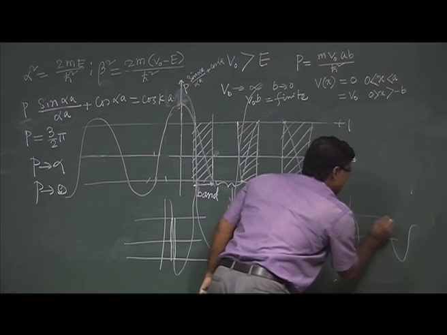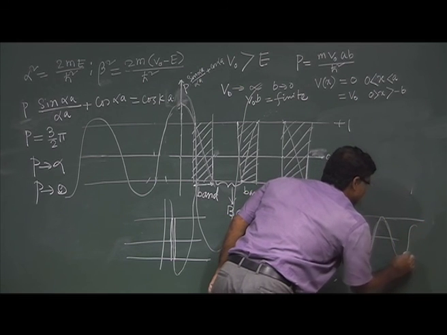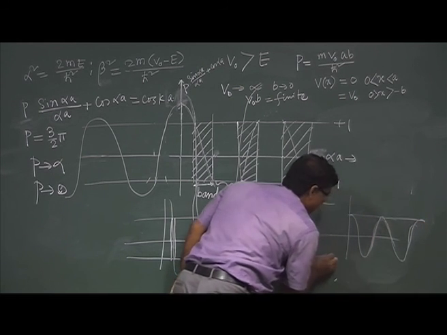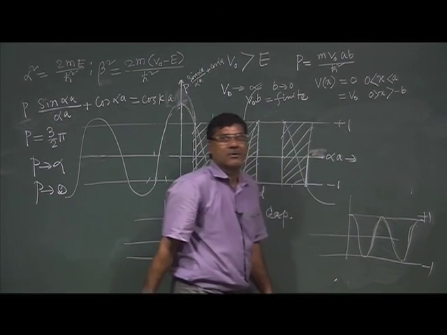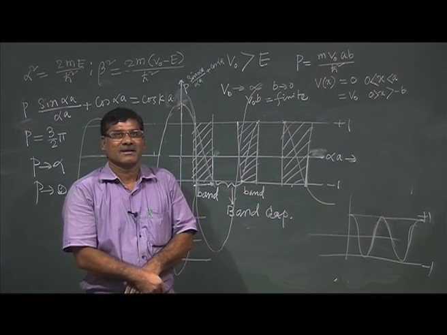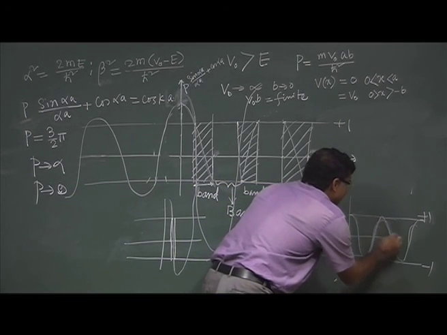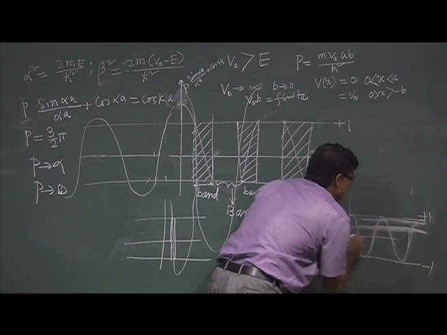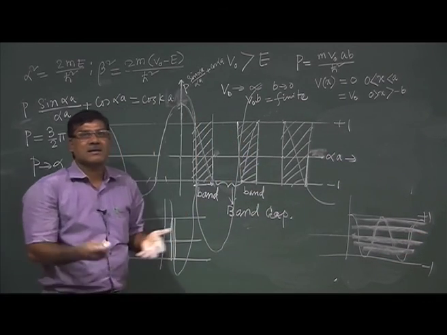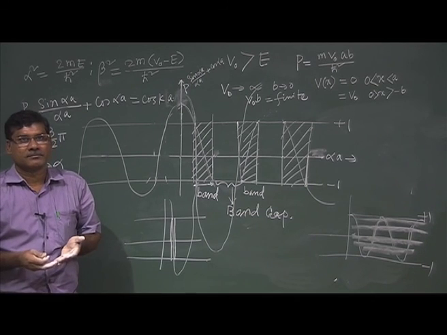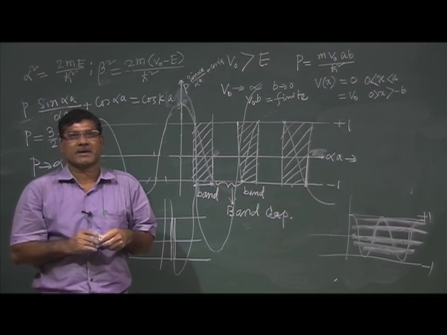So, all the time this value will be within +1 and -1. So, all values are allowed, so it is continuous. All energies are allowed, just like free particles. There is no energy level, it is continuous.